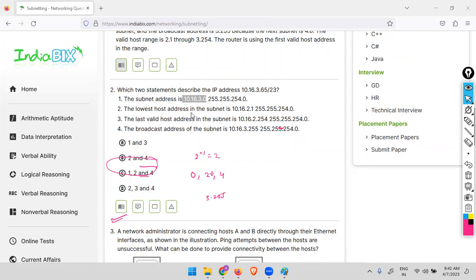The lowest host address means the first valid IP in the subnet, 10.16.2.1. After 2.0, will it be 2.1? Yes, the first valid IP, this one is correct. Last valid IP, 2.254, is it? No. 3.254 is the last valid IP. So the second option is correct and the fourth option is correct.